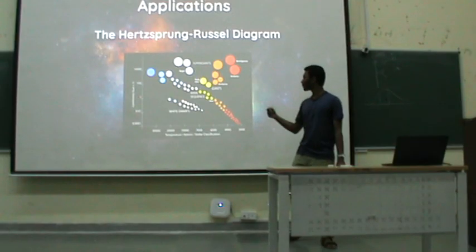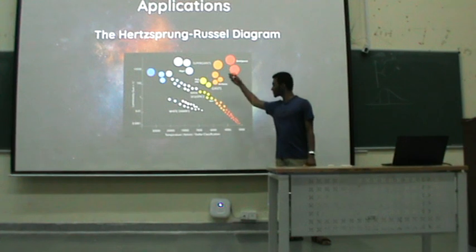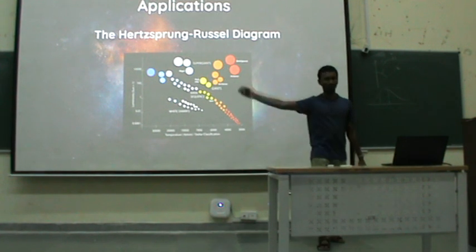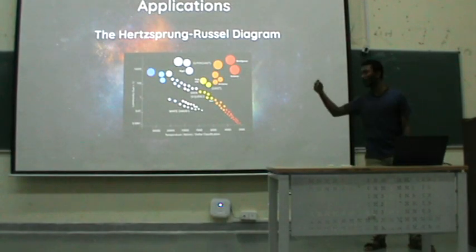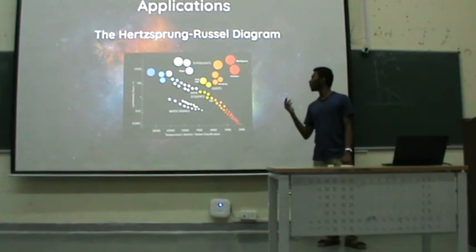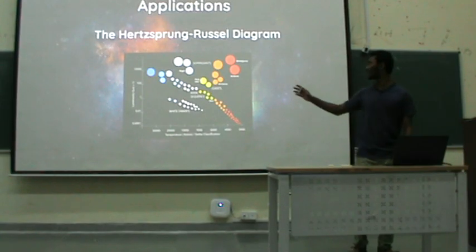If I know the luminosity and temperature of a star, I put it in this diagram, and I know a lot of parameters corresponding to that star. I know what elements are in it, what the age of the star is, and how it has been created, things like that.